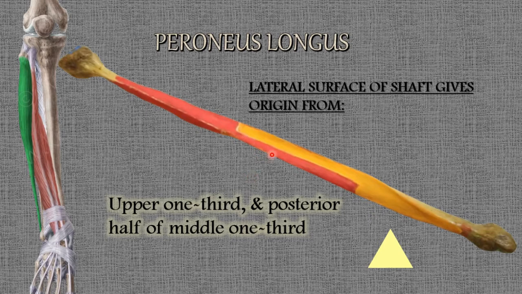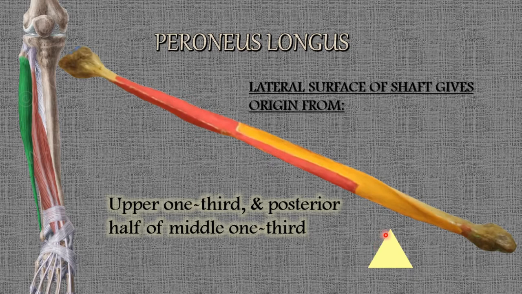Now this will be the posterior half of the middle 1/3. As I already told you, this is the anterior border, this is the medial border, and this is the posterior border. Now this is the medial surface, this is the lateral surface, and this is the posterior surface.